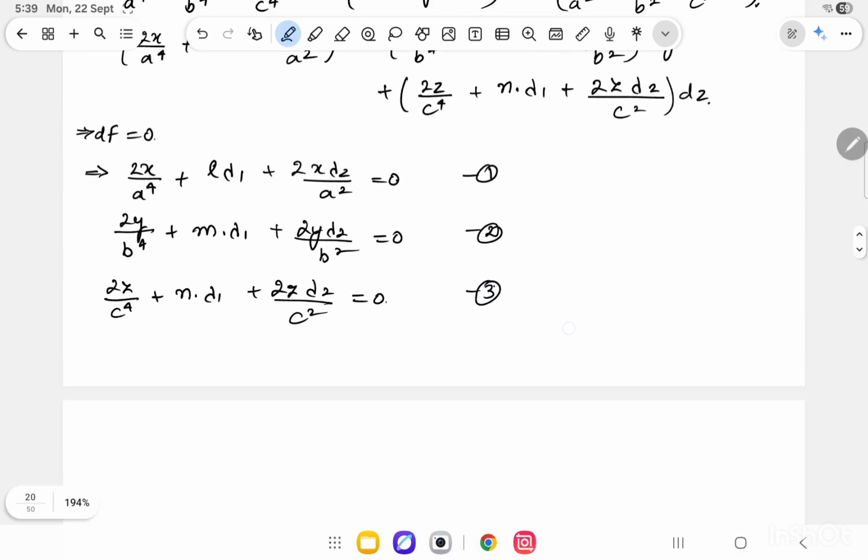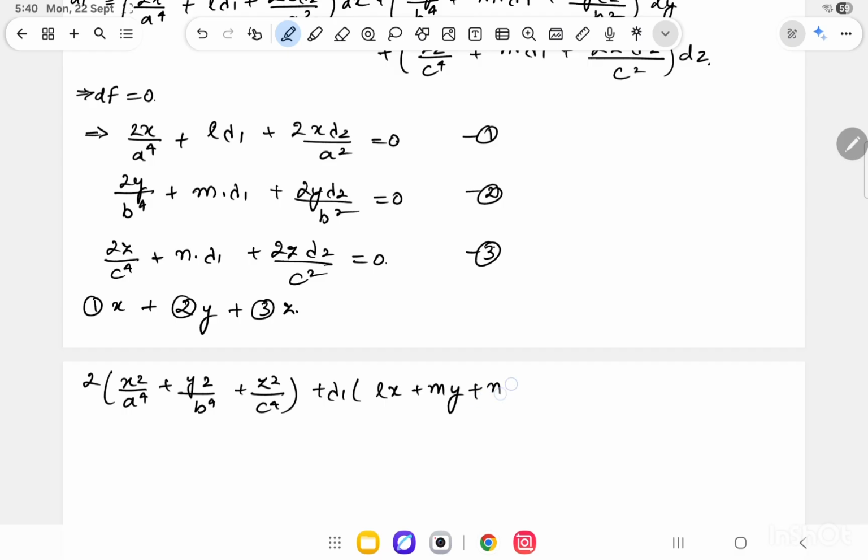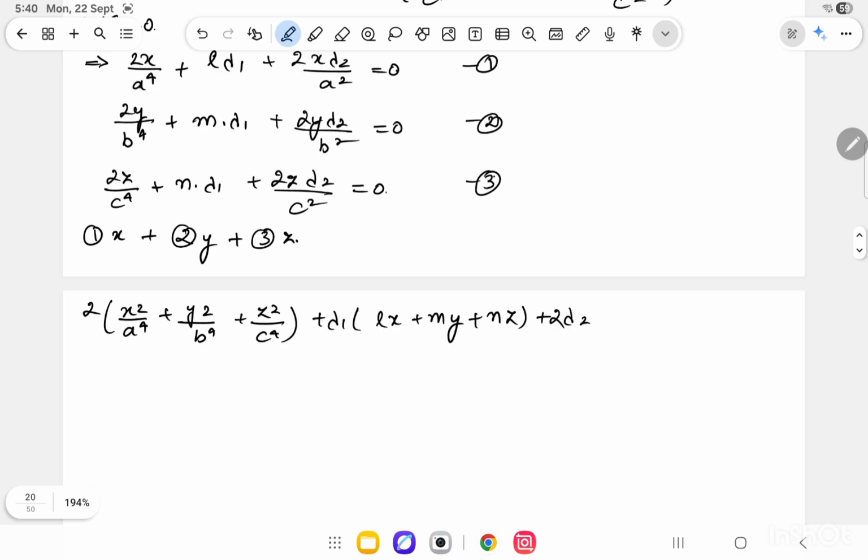So if I multiply 1 with x and then add it to 2 multiplied by y and then 3 multiplied by z, I'll get 2 into x square by a raised 4 plus y square by b raised 4 plus z square by c raised 4 plus lambda 1 into lx plus my plus nz plus lambda 2, I can take 2 lambda 2 common here, so I'll be left with x square by a square plus y square by b square plus z square by c square equals 0.